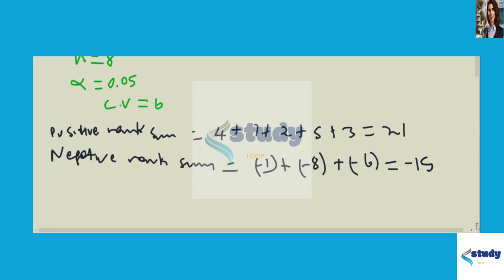We then do the modulus for the negative rank sum, which is equal to the modulus of negative 15, which is positive 15.